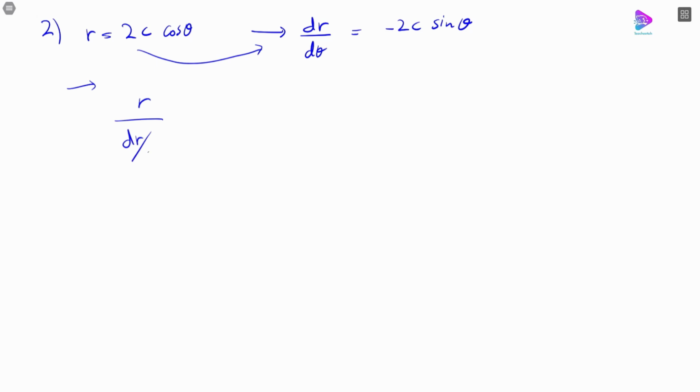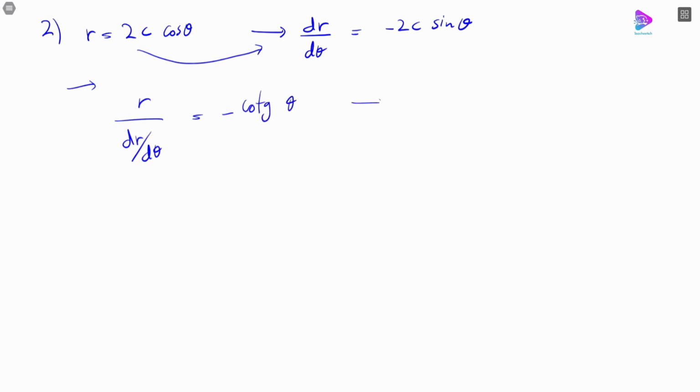r equal to 2c cosine theta. So from here, again, I can say dr over d theta is equal to minus 2c sine theta. And then we're going to divide these two together, the other way around. So we would get r over dr over d theta is equal to minus cotangent of theta, right?